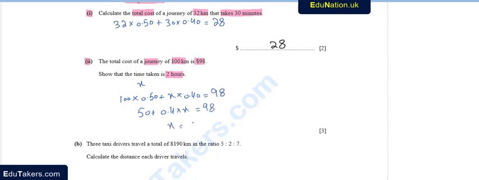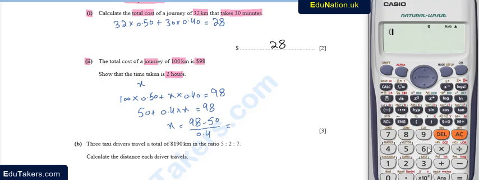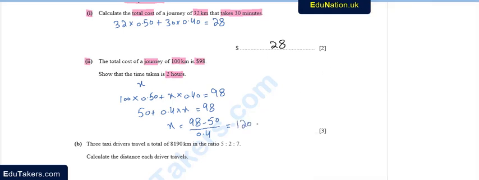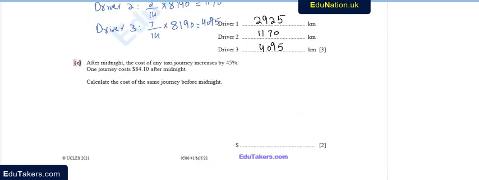Then x equals (98 minus 50) over 0.4, which equals 120 minutes, which is equal to 2 hours. Hence proved.